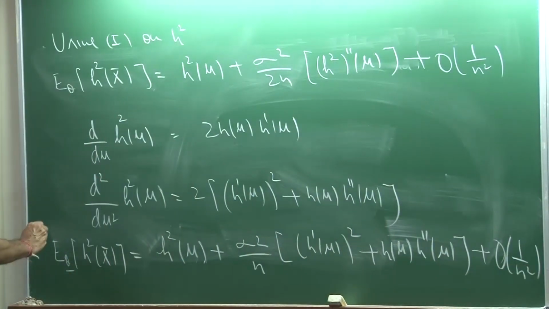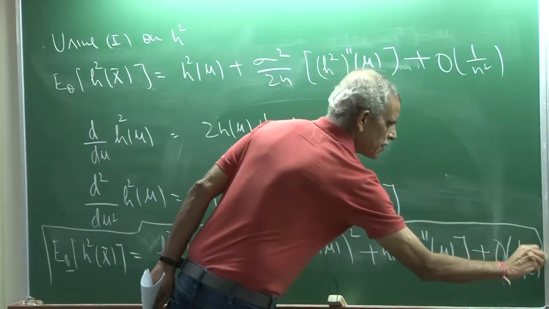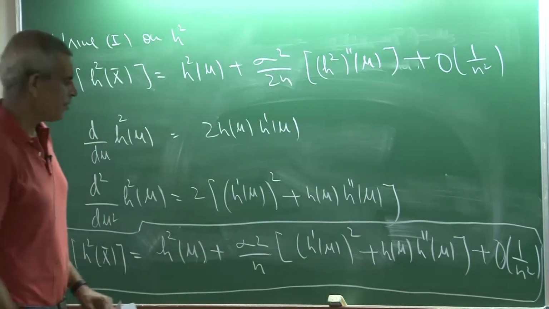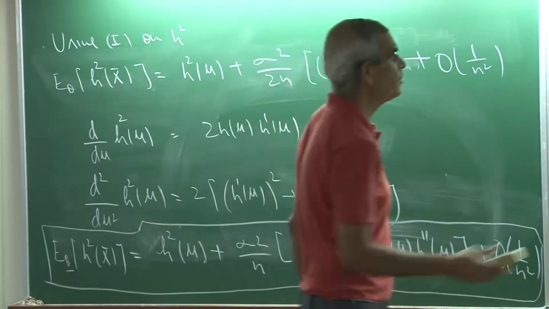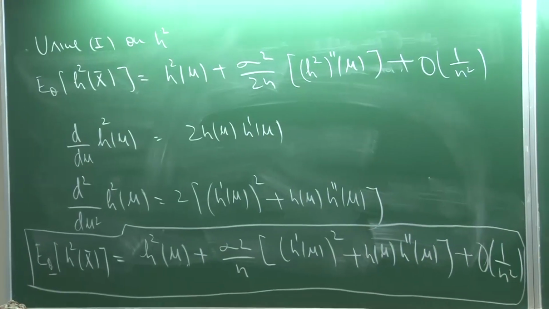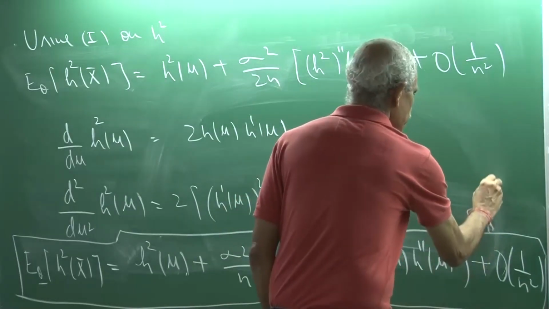So now using 1 and 2, I can get the variance. Let me call this 2.